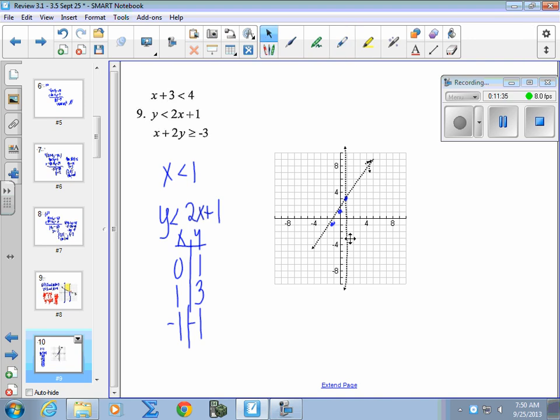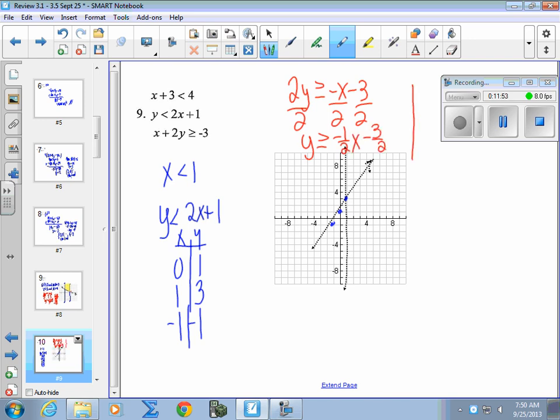The next equation we have says 2y is greater than or equal to negative x minus 3. We divide everything by 2. We get y is greater than or equal to negative 1/2 x minus 3/2. So if we plug in 0, we get negative 3/2. Plug in 1, we get negative 4/2, which is what?